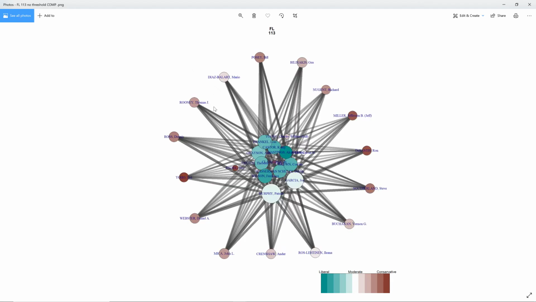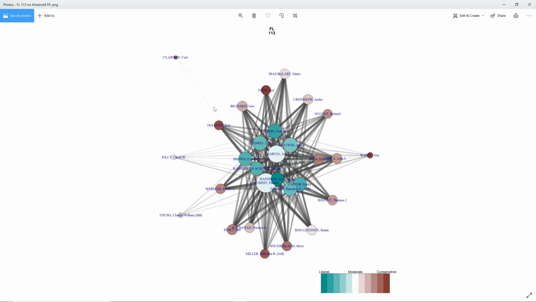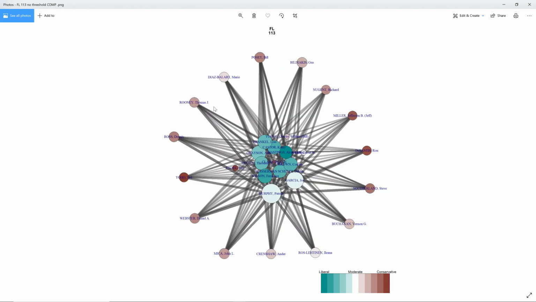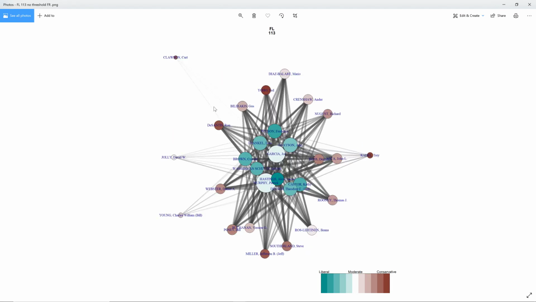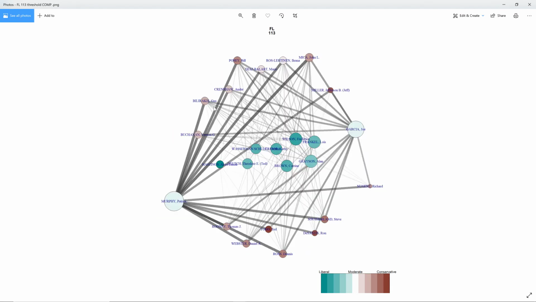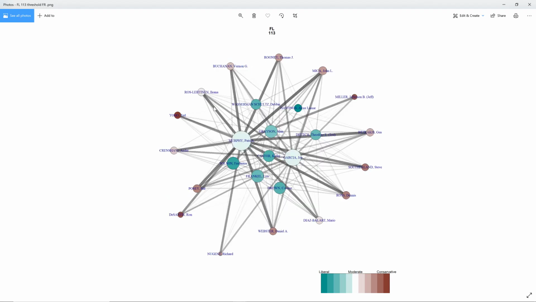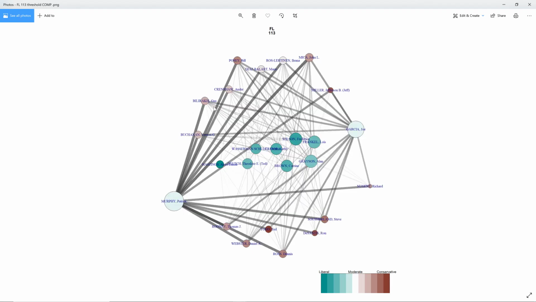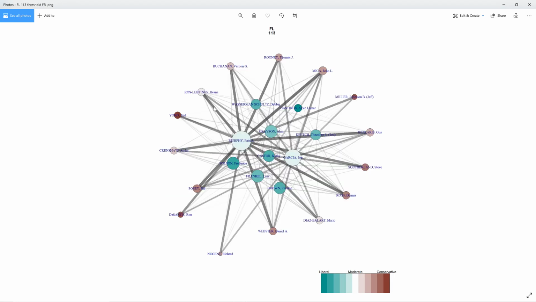And in general, I just think comp does a better job of organizing and showing differences and showing what's important. This also looks good, but in general, this is components, and I think it does a really good job of representing it. But go ahead and look at the others. This is FR, and this also does a good job.